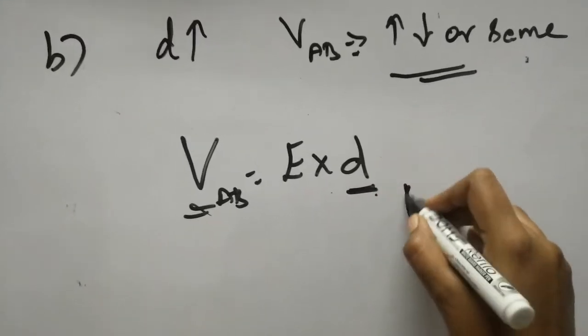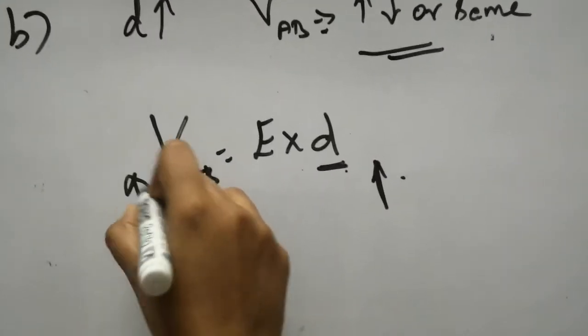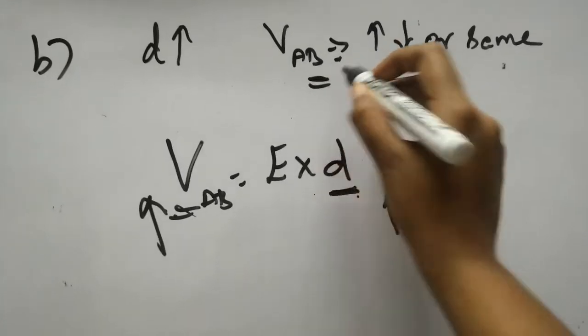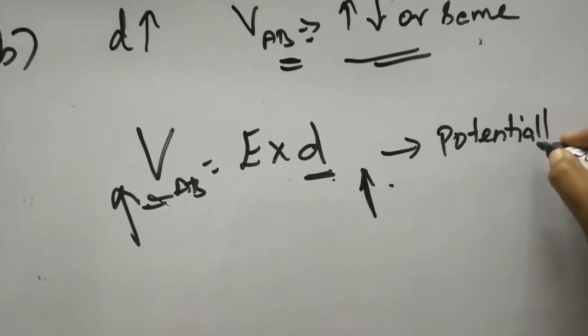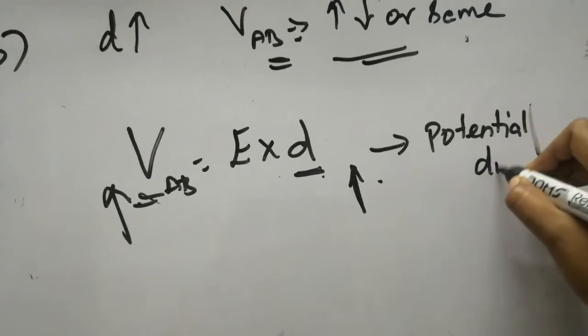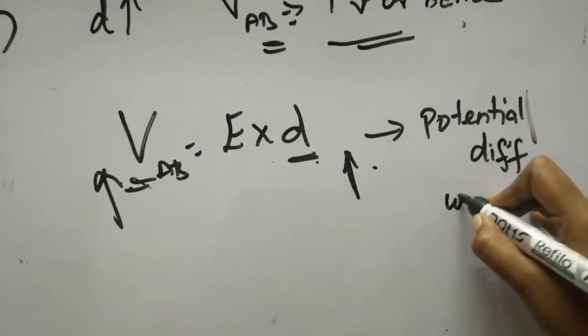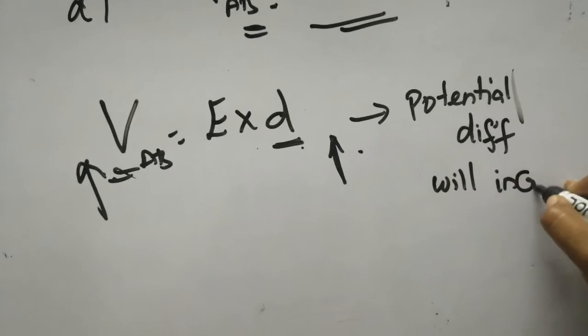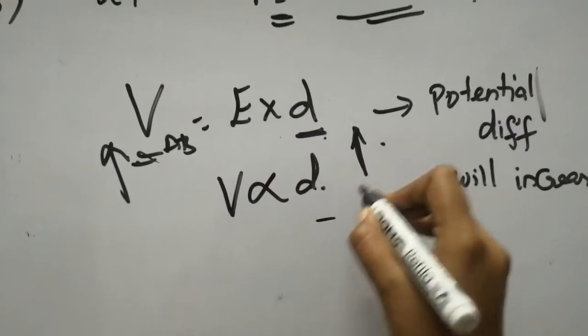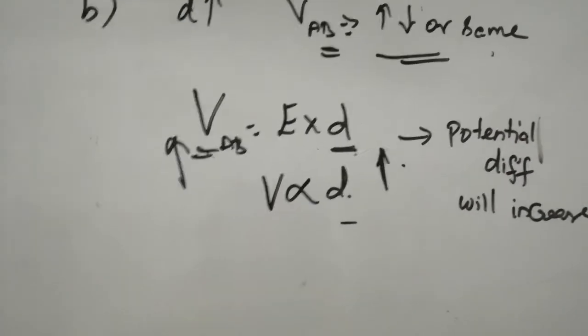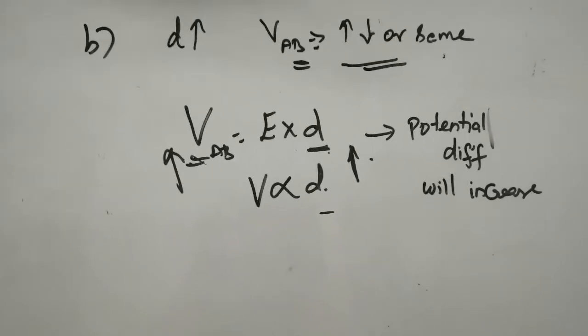So when the distance value is increased, this V value will also increase. So my potential difference will increase. You have to write this formula as V is directly proportional to D. So the potential difference will increase. So this is the second case.